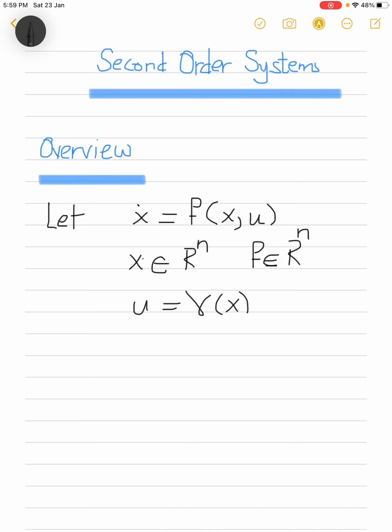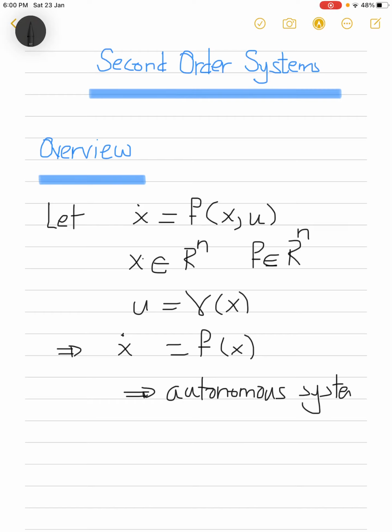So in that case, we would have x dot as a function of f of x. We call that an autonomous system. And the autonomous system is actually a time invariant system. So we are going to focus on this class of systems in our coming study.